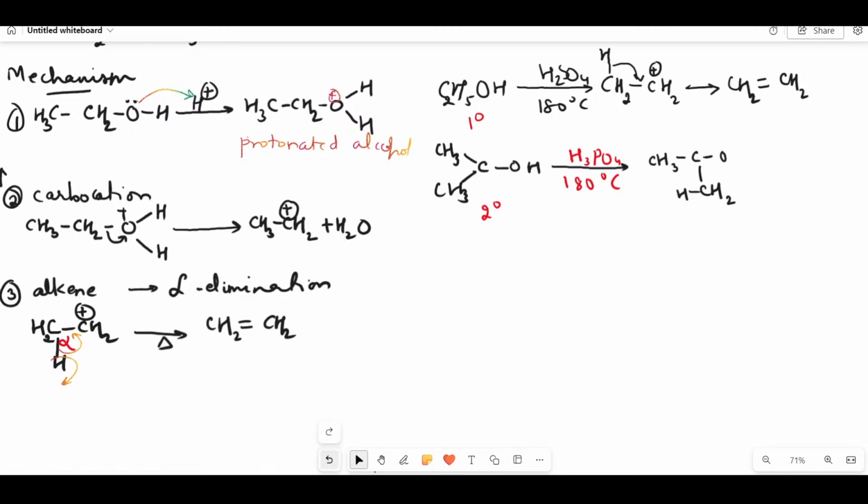So we have no more OH here. Instead of OH, we are left with a plus charge over here. So a carbocation is formed. This step I have done over here.